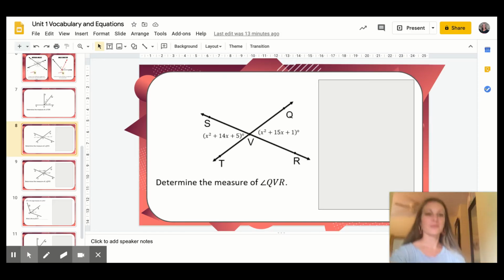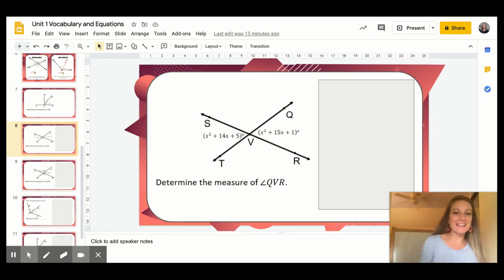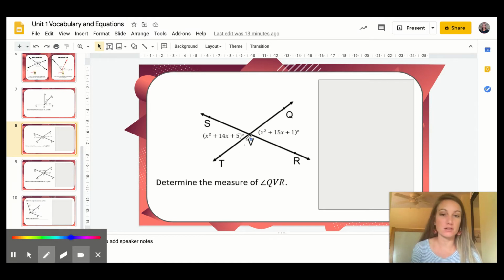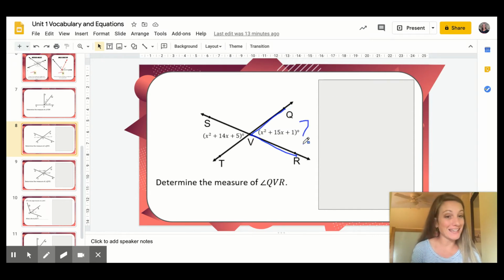All right. So let's get down to the last couple examples on this note sheet, right? So if we're looking at these angles, first thing we need to do, determine the measure of angle QVR. So let's figure out, where is QVR? So QVR is this angle. We need to figure out this measure, not the X value.